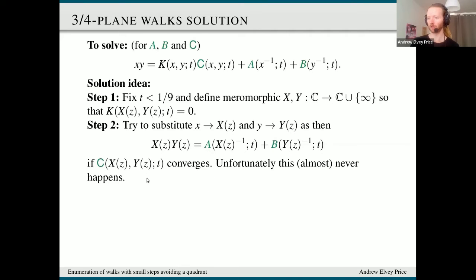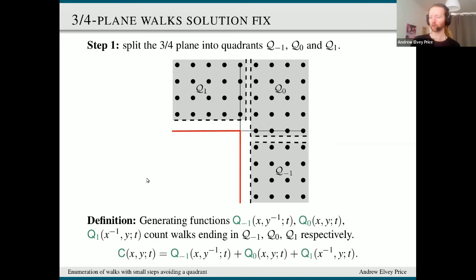And so we can't quite do this directly. To get around this problem, we split the 3/4 plane into 3 quarter planes. In doing so, this splits our generating function into the sum of 3 generating functions, where each of these generating functions counts the walks counted by c, that is, it counts cone walks, so just walks avoiding the red line, but they each count those walks which finish in a specific one of these 3 quarter planes.